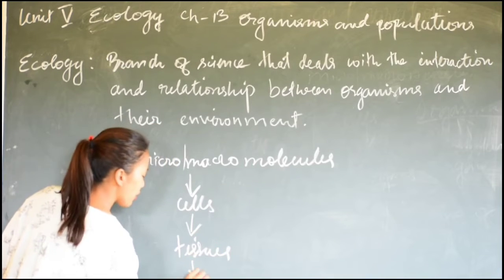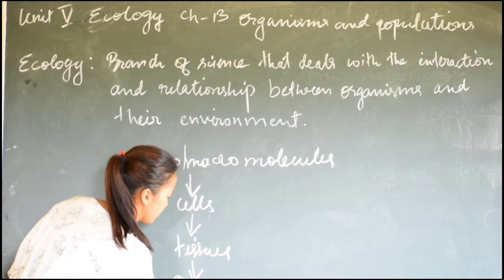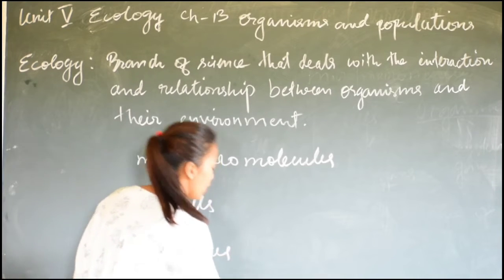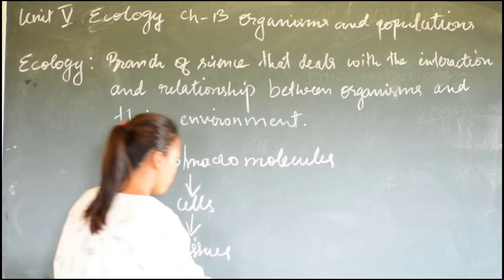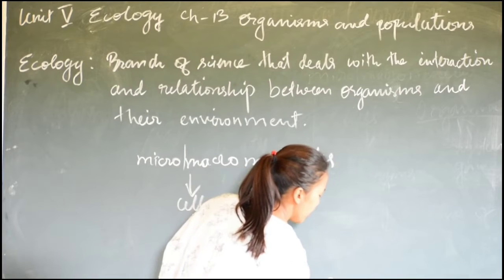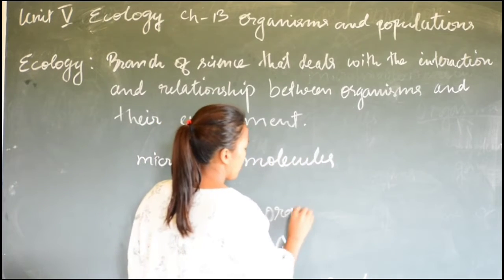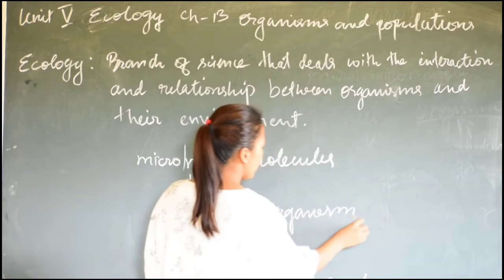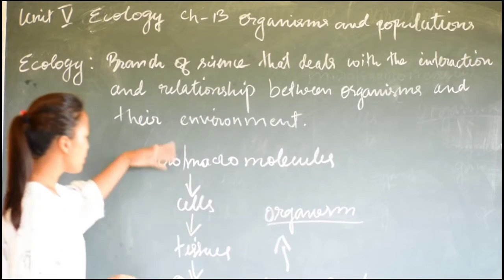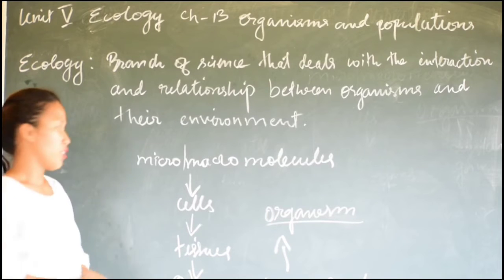Tissues aggregate to form organs. Organs again aggregate together to form an organ system, and after that it gives rise to organisms. Till these organisms, everything below is a lower level of organization.